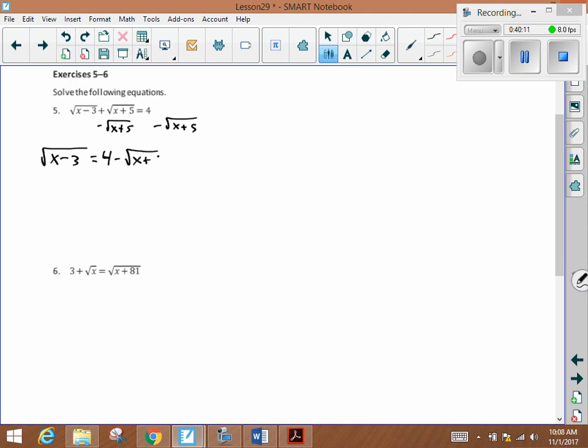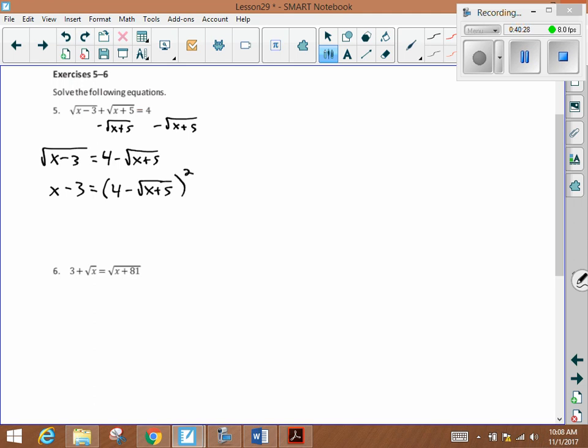And now it's time to square both sides. And this is going to get funky. So that is 4 minus the square root of x plus 5 squared.